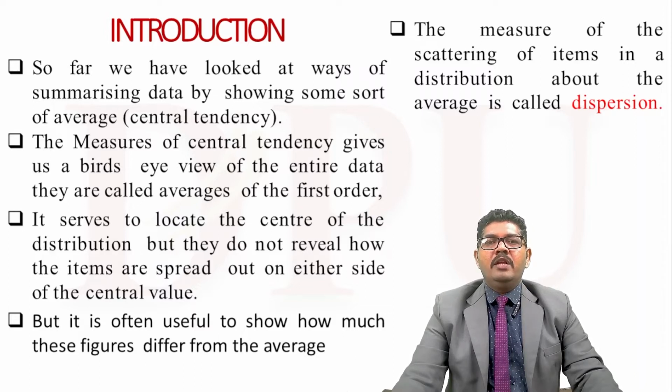Measures of central tendency serve to locate the center of the distribution, but they do not reveal how the items are spread out on either side of the central value.